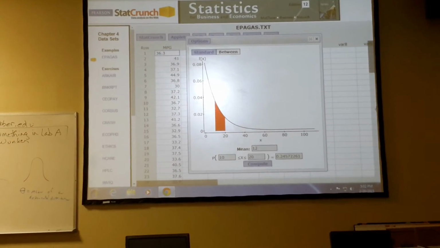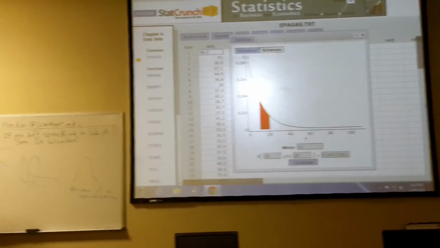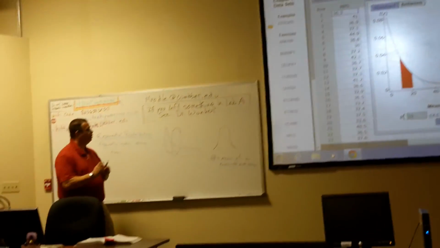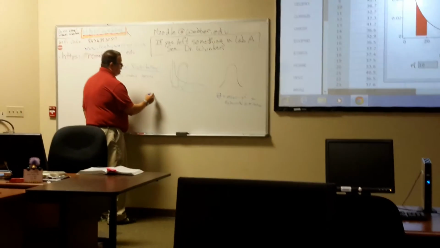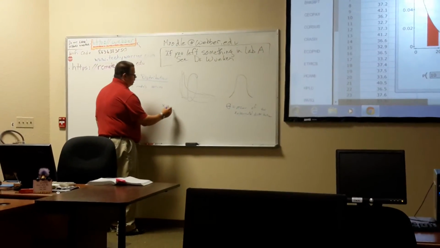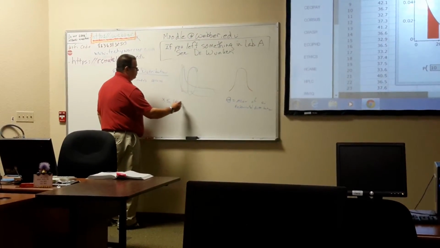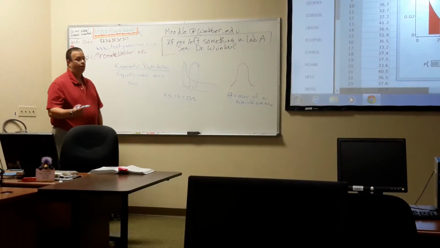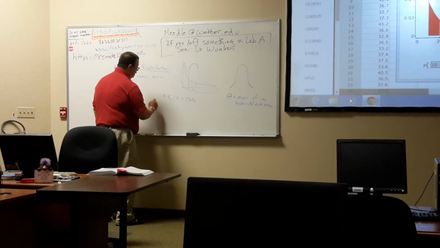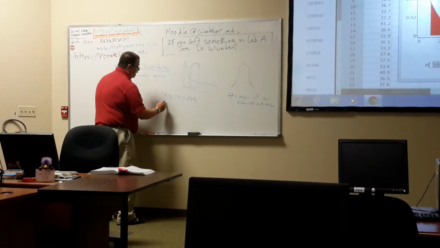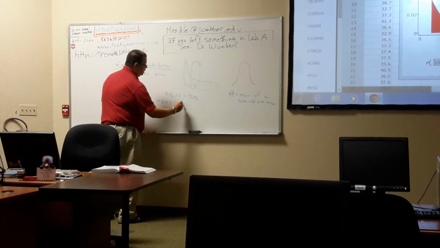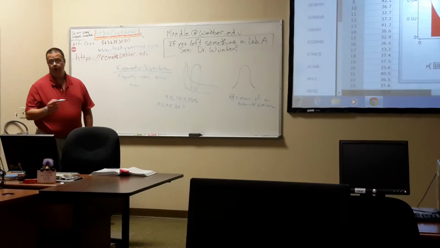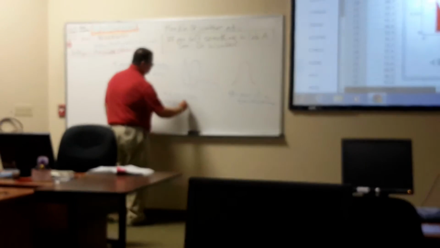Now, just to make one point clear here, we looked at the probability that it would take less than or equal to 10 minutes to get through, and we saw that that was 56%. We've got the probability here that it's going to take somewhere between 10 and 20 minutes to get through, and that is 25%.